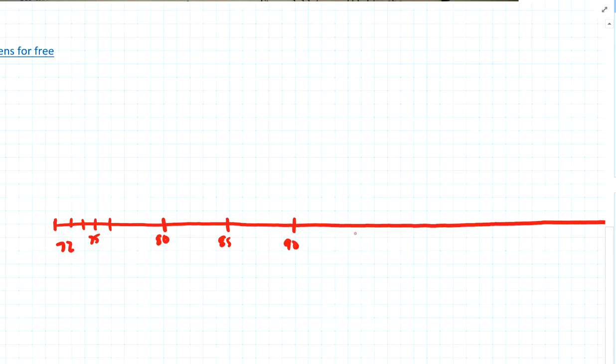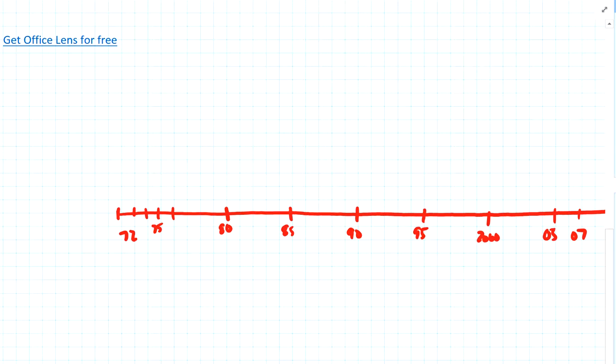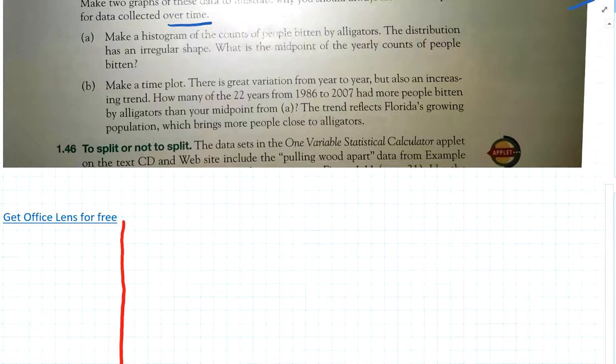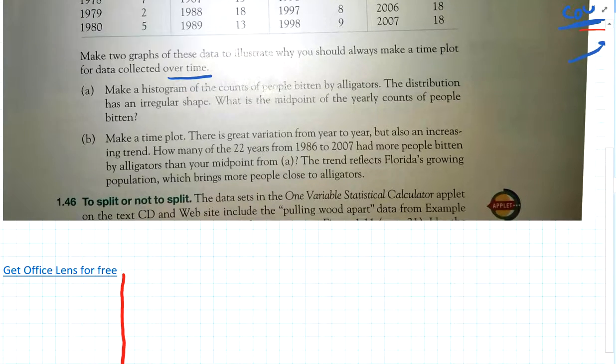1, 2, 3, 4, 5. But much more enlightening than that histogram. 1999, 2000, 2, 3, 4, 5, and then '07. And then on the vertical axis, it's going to be the number of alligator bites each year, and it's going to go up to 25, which is the max.